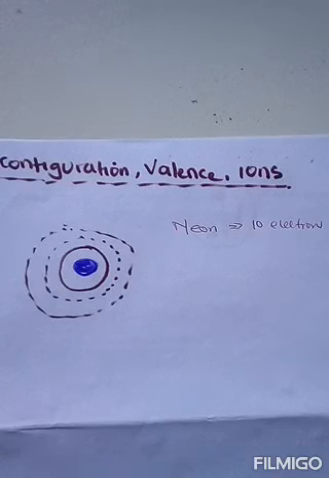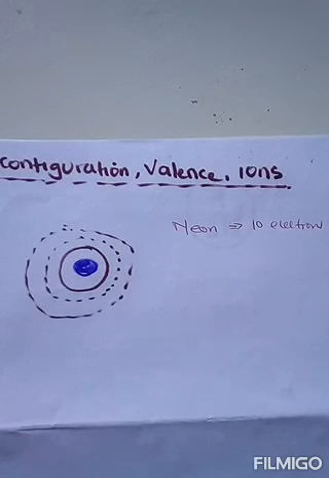Let's say maybe neon has 10 shells and each shell contains 1 electron, or maybe neon has 4 shells, and the first shell contains 2 electrons, the other maybe 4, the other 4, or maybe it just has 5 in each shell? Those are some of the things chemists ask themselves, and this is what we are going to answer.